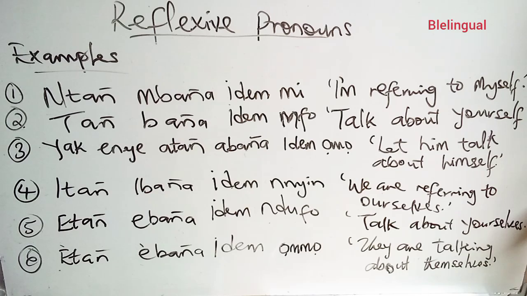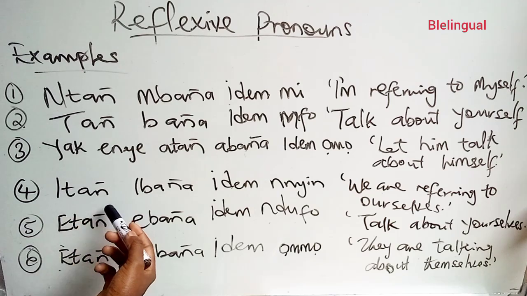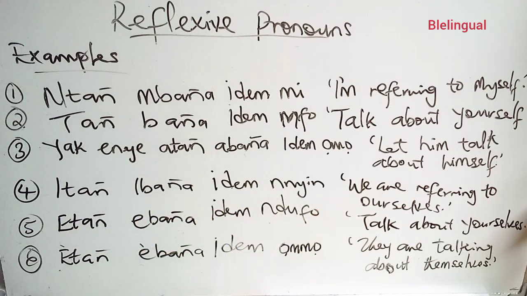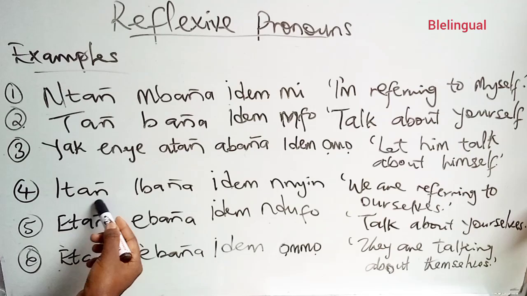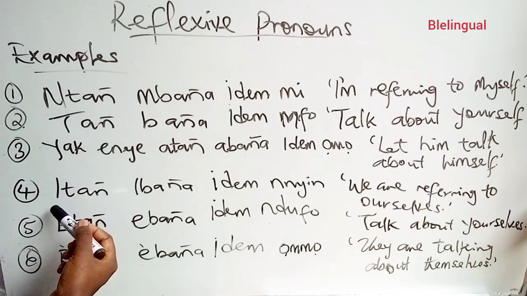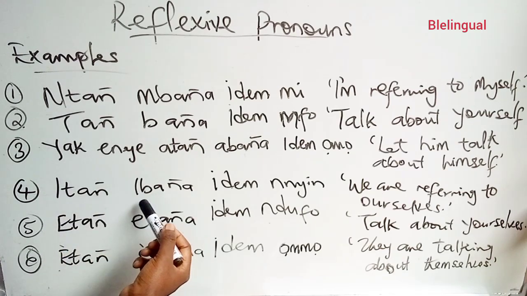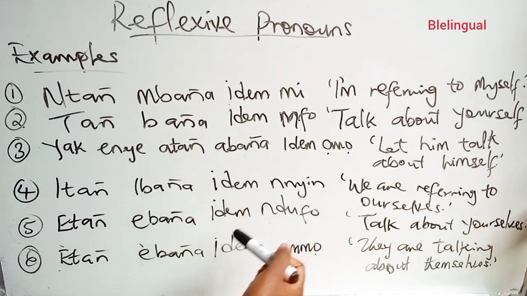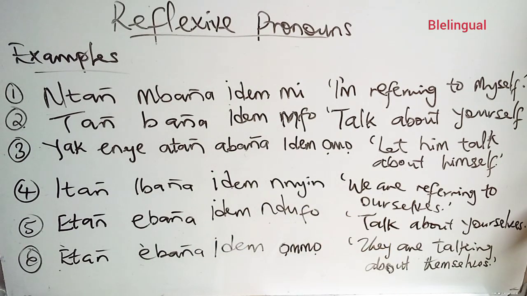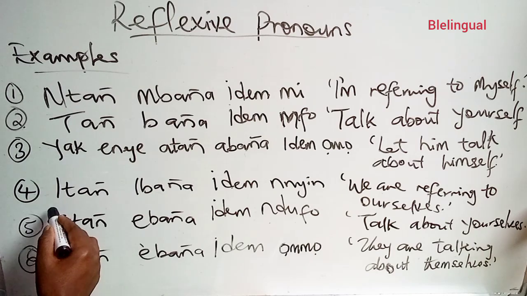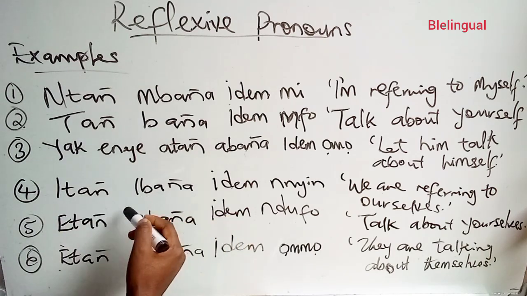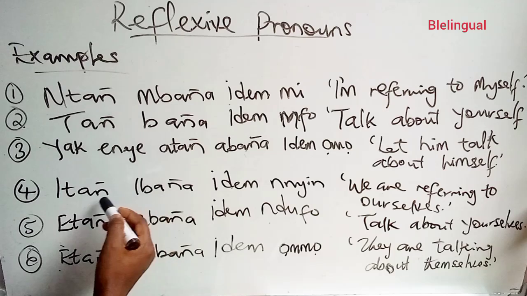In Ibibio, we have concord markers that stand for person. For instance, we have i on example number four, itang ibanga. Now, the i concord marker stands for the first person plural in the subject area. Itang ibanga idem nyan means we are referring to ourselves.